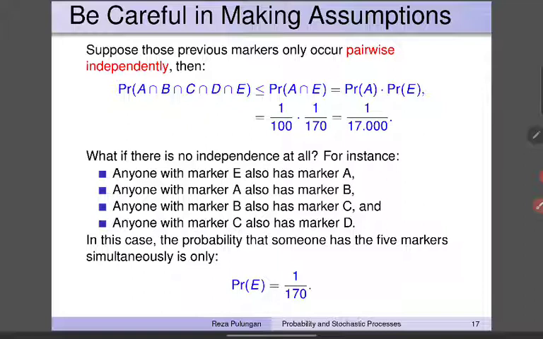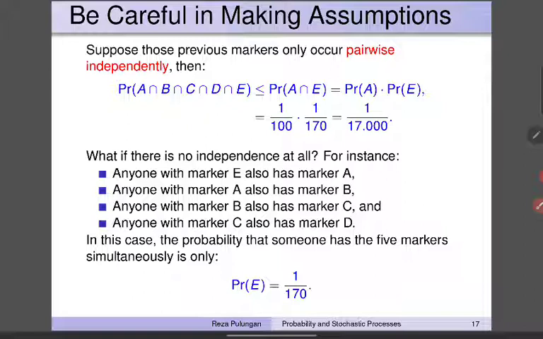And the smallest probability happens when event A and event E happen, because the smallest one is the probability of event E, namely 1/170, and the probability of event A, namely 1/100.